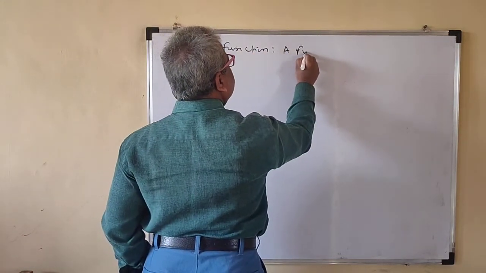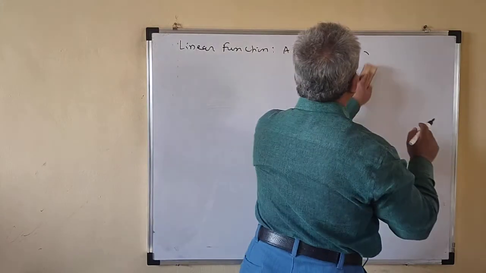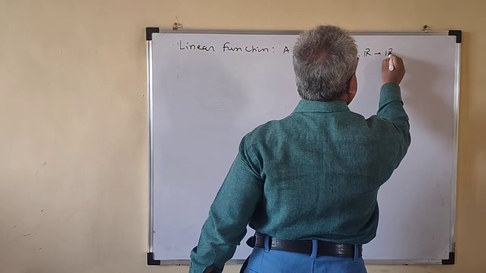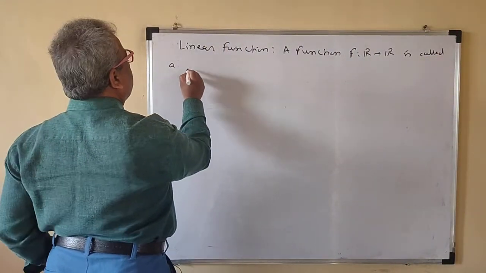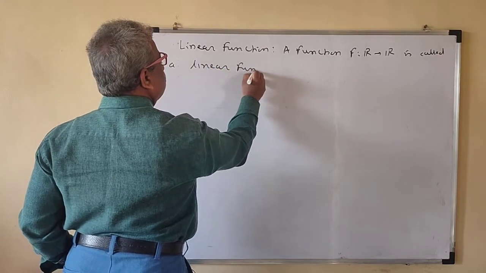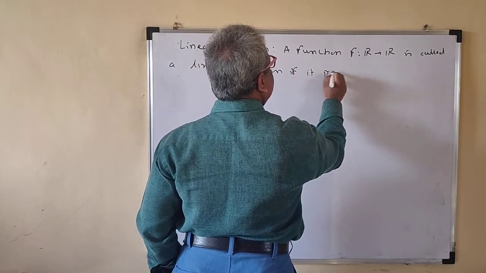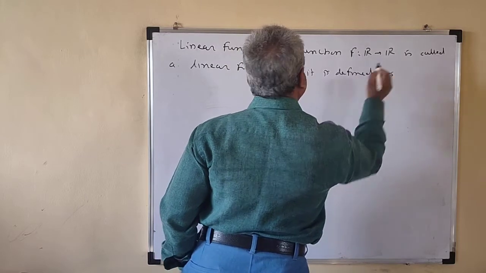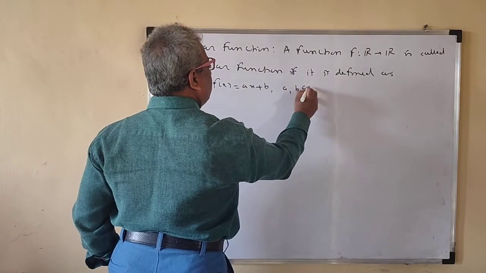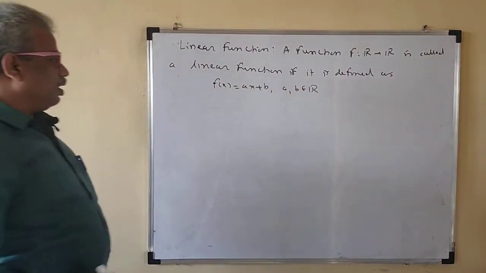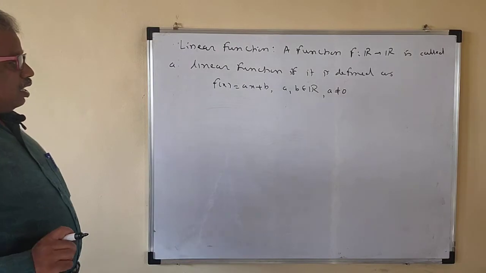A function f from R to R is called a linear function if it is defined as f of x is equal to ax plus b, where a, b belong to R. a and b are real numbers, a not equal to 0. Then this is called a linear function.